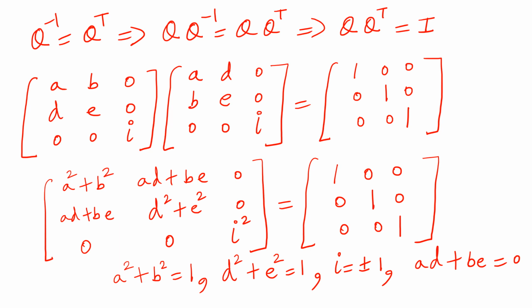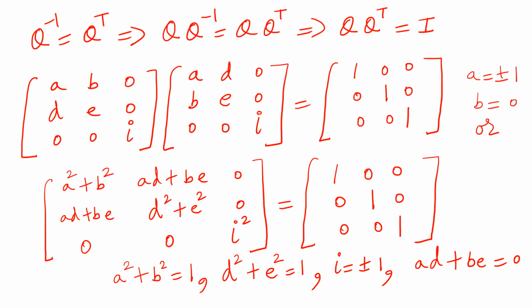Now students, since A, B, D and E, all of them are integers, and we are getting A square plus B square equal to 1. So this clearly means if A is equal to plus minus 1, that is A square is equal to 1, then B must be 0.